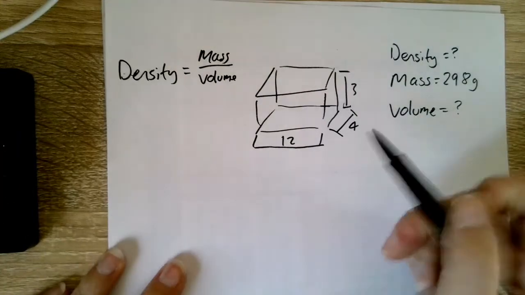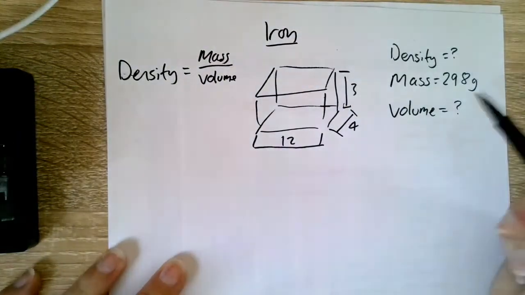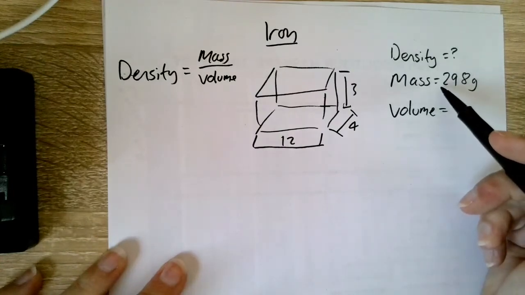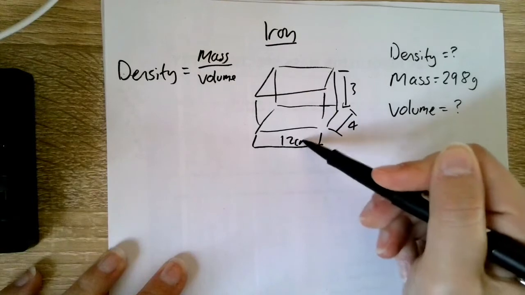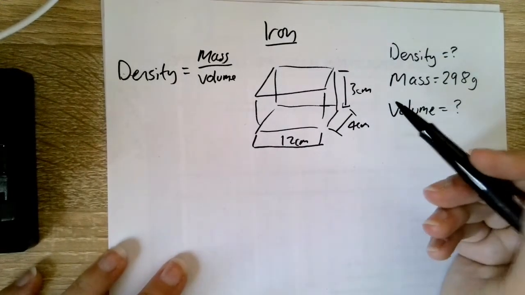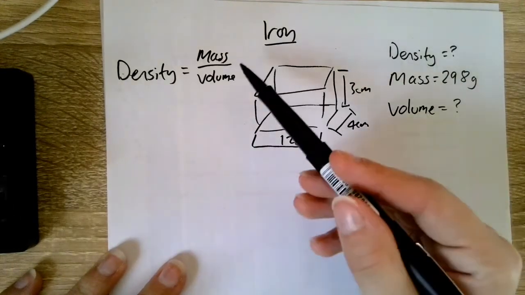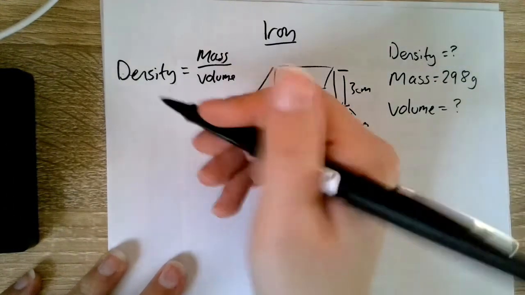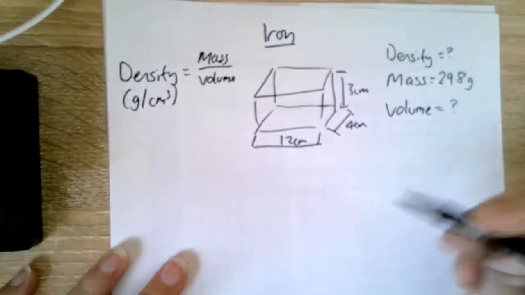For our iron block, we've been told that we have a mass of 298 grams and we've been given the dimensions of our block in centimetres. The first thing we need to do is calculate our volume so that we can then calculate our density in grams per centimetre cubed.